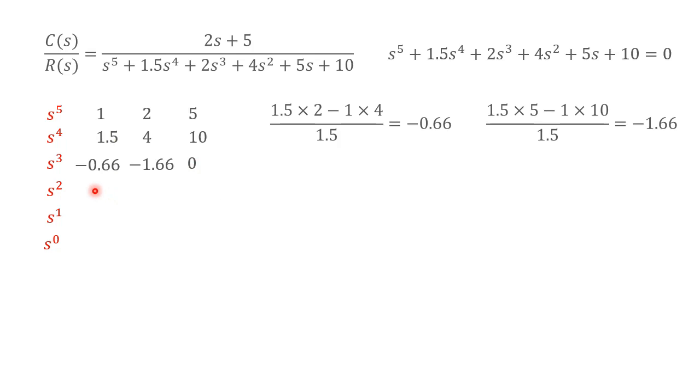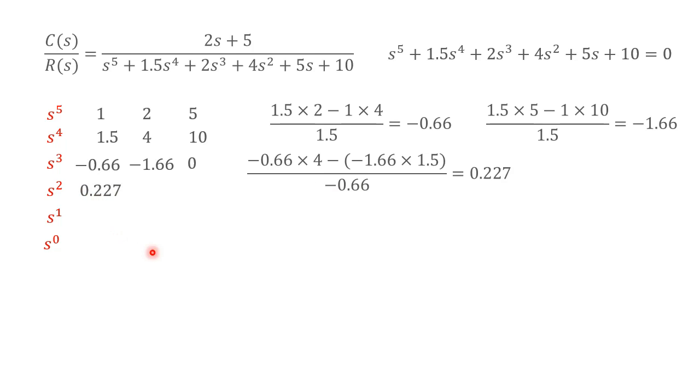For calculation of this place, we have to consider these four terms and multiply them in a systematic manner. For minus 0.66 into 4, minus 1.5 into minus 1.66 upon minus 0.66, we will get 0.227 here.